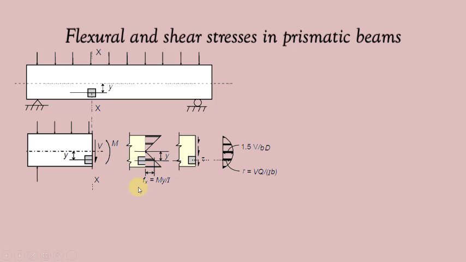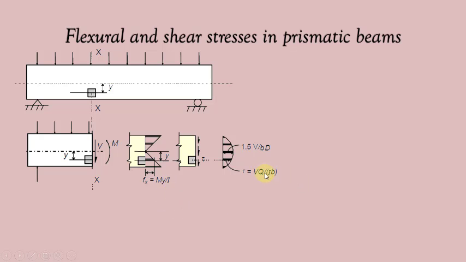We know these stress values at any point located at a distance y from the neutral axis from the knowledge of strength of materials are given by flexural stress Fx is My by I, while shear stress tau is VQ by Ib. Here I is the second moment of area of the section about the neutral axis.